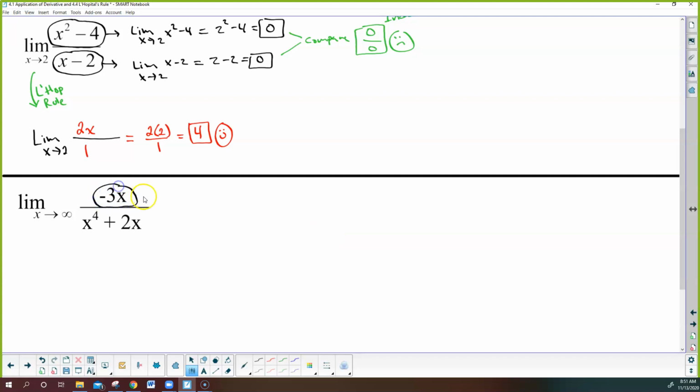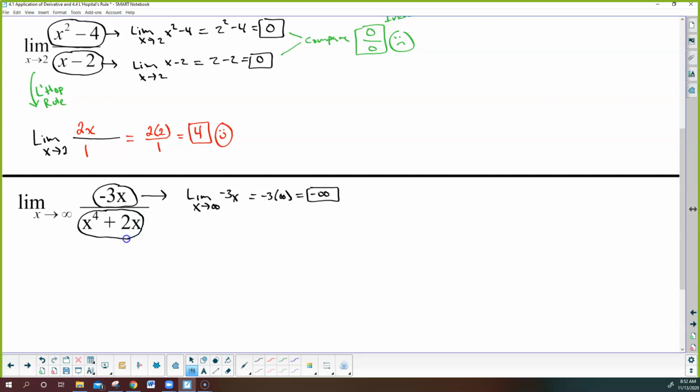However, just because you can do it in your head doesn't mean that you're allowed to skip the most important step. I have to show the limit as x goes to infinity of just the numerator is equal to, in this case, negative infinity. Now notice I didn't use an equal sign. So yeah, great question here.